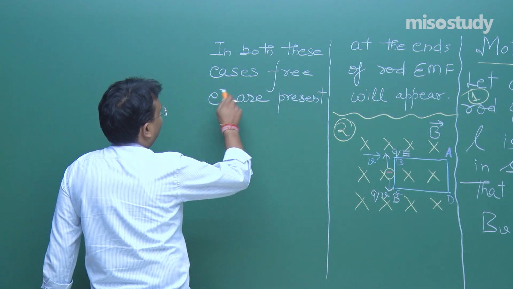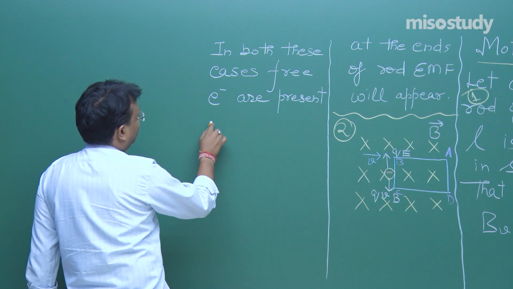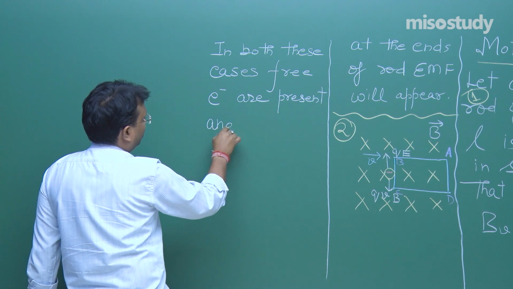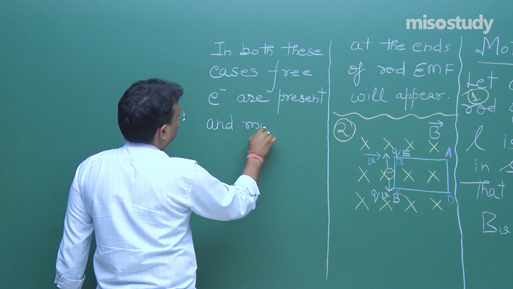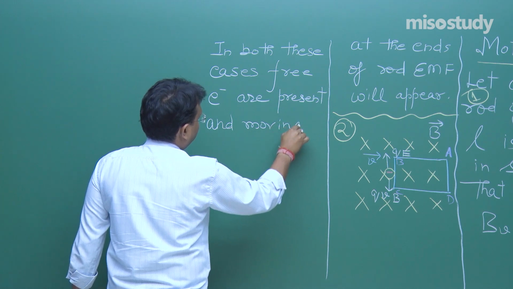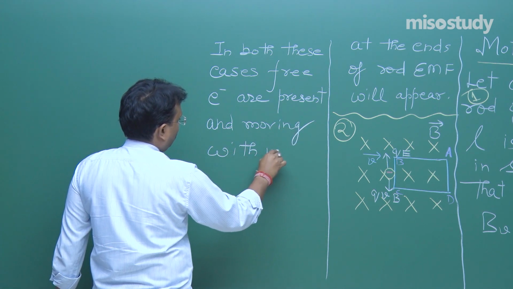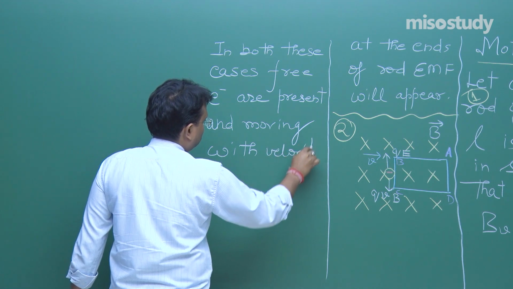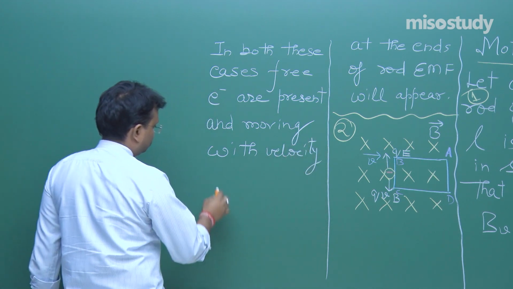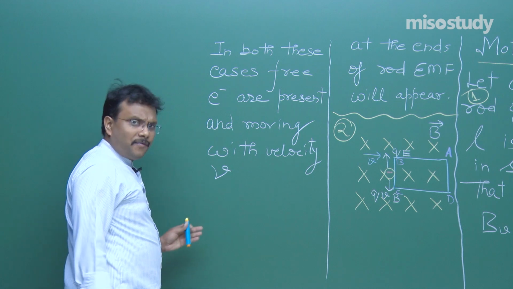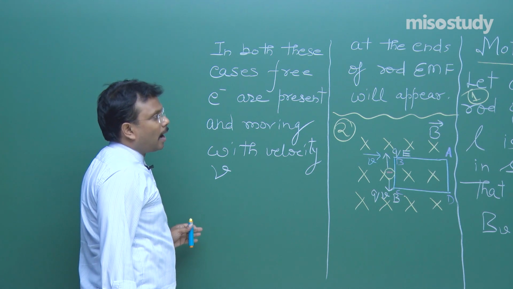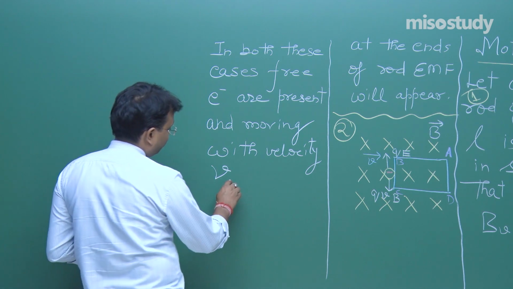So, in both these cases free electrons are present and moving with velocity v. V is the velocity of this coil or of this rod.